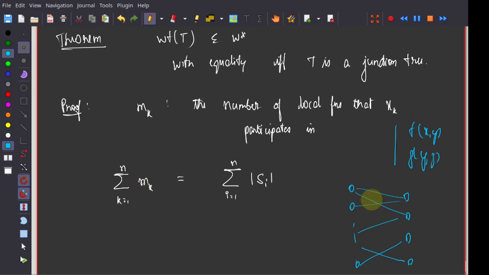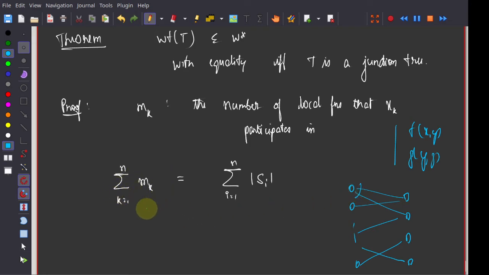So you draw this factor graph. What does mk correspond to? It is basically the number of functions that the kth variable participates in. Or in other words, it is the total number of edges going out from each variable.